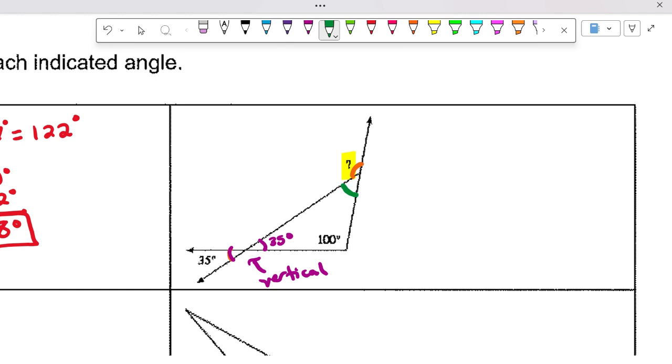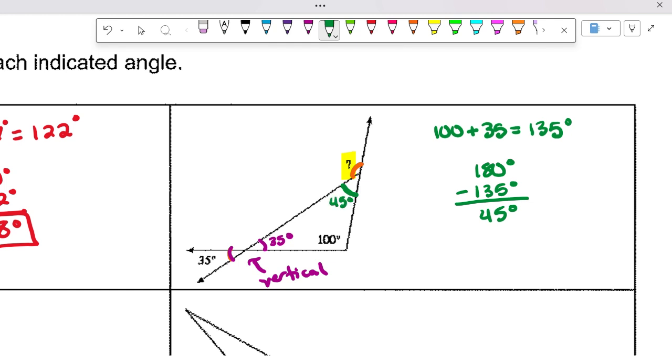How can I find the green angle? Right, triangle sum theorem. So add 100 plus 35, subtract that from 180. So 100 plus 35 is 135. So what's 180 minus 135? It's 45.